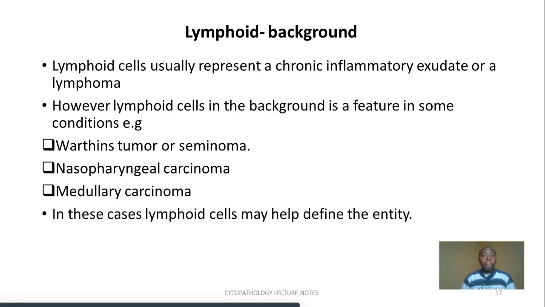You realize that in most cases of acute inflammation, you'll have very many neutrophils taking the biggest percentage in the slide background. But in chronic inflammations, you'll have very many lymphocytes appearing. However, lymphoid cells in the background are a feature in some other conditions.